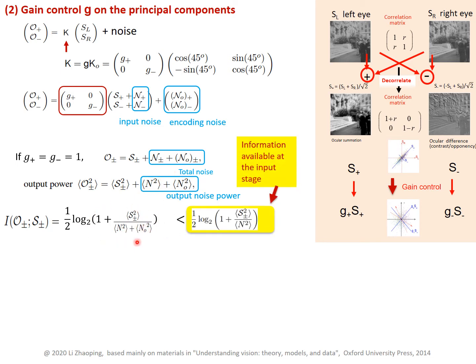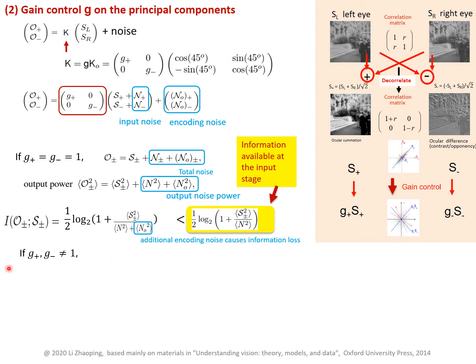And this is always less than the amount of information already available at the input stage, where the encoding noise is absent. So this is just the usual: you can never extract more information than what's available at the input stage by any encoding.